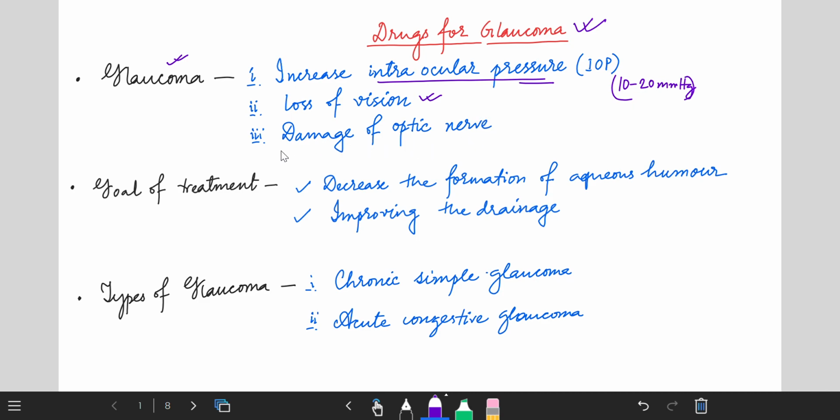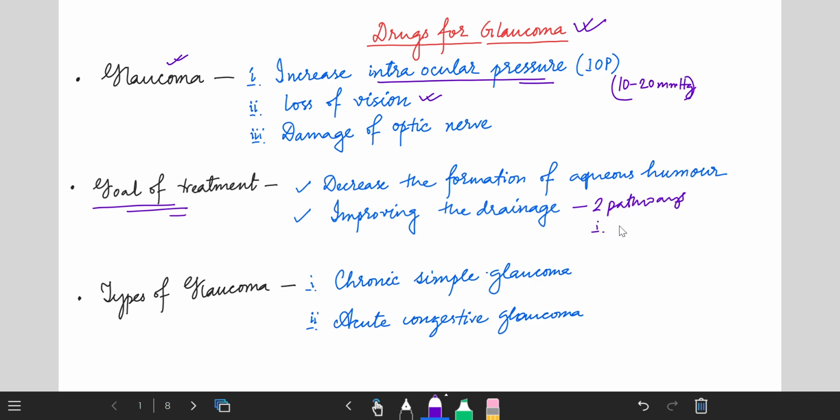Okay. And so we need to be clear about how we will be able to decrease the formation of aqueous humor and how we will be able to improve the drainage system. Now the drainage system actually follows two types of pathway.